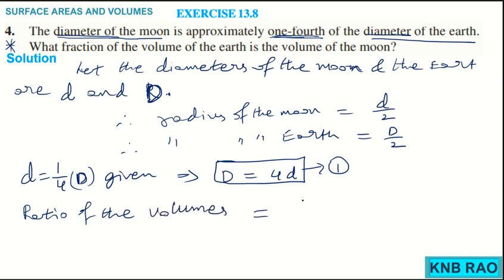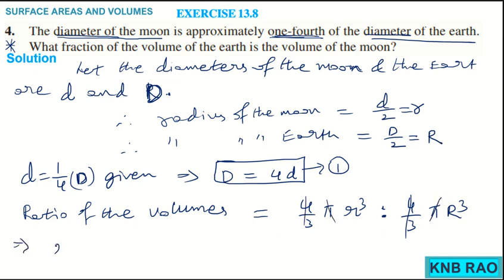Ratio of the volumes 4/3 pi small r cube is to 4/3 pi capital R cube. What is small r? Small r is small d by 2. What is capital R? Capital R is capital D by 2. Now 4/3 cancels, pi cancels. Only I have to find small r cube is to capital R cube.